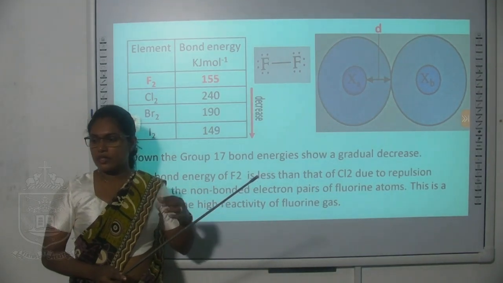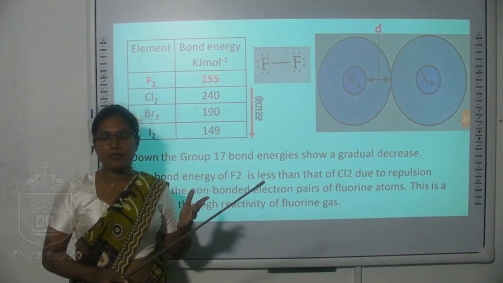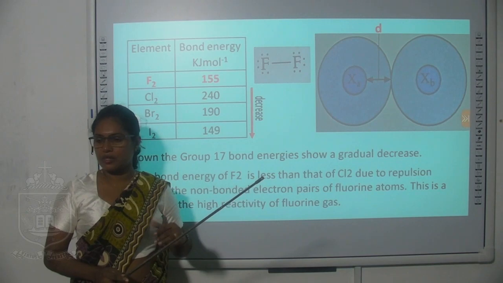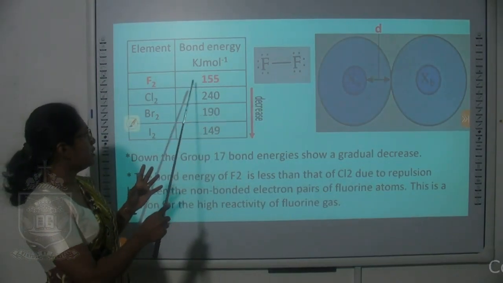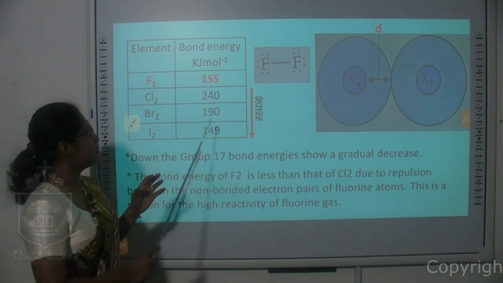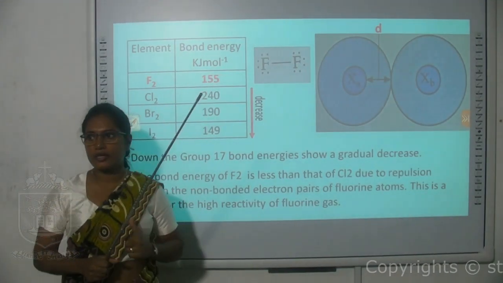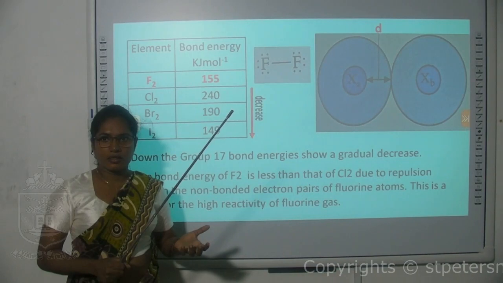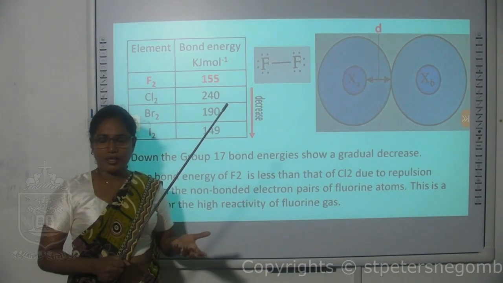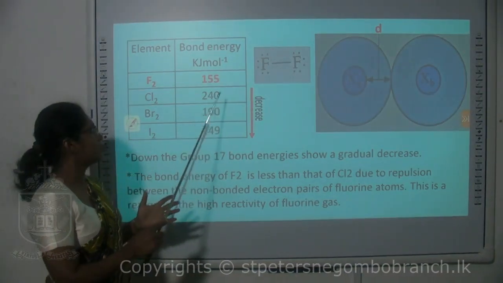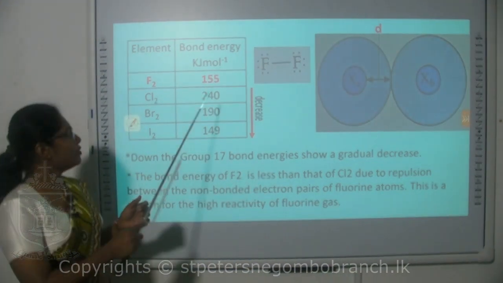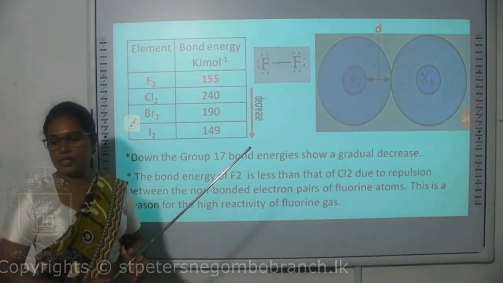So the electron repulsion is also a higher value than the other elements. Because of that, the bond energy is a smaller value than the others, because when electrons are repelling, it is easy to break the bond. So the bond energy is a lower value than the other elements.